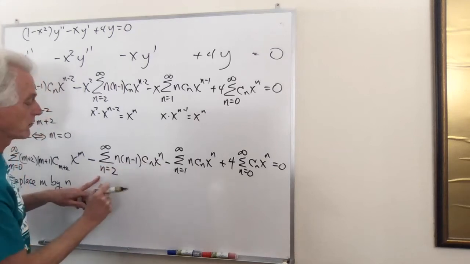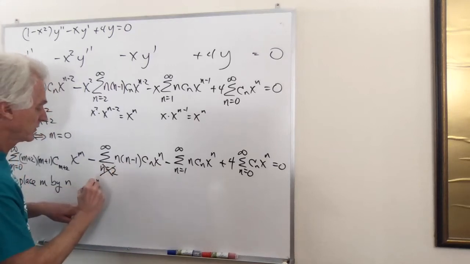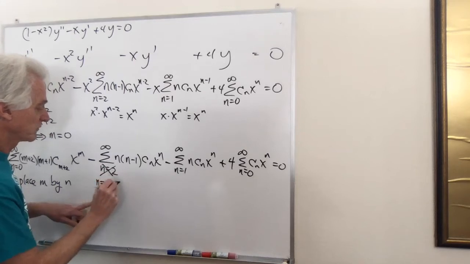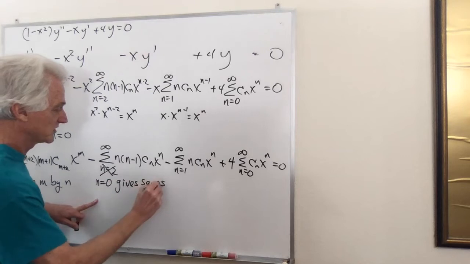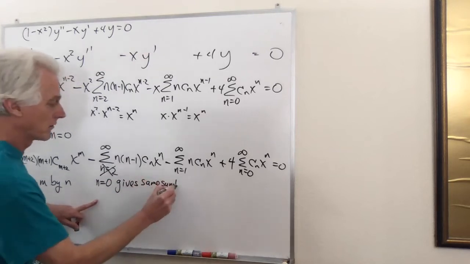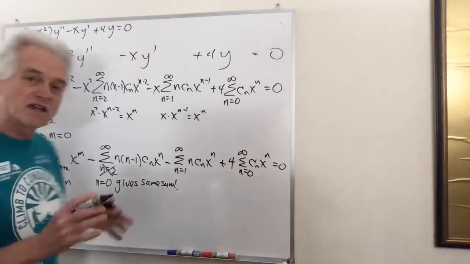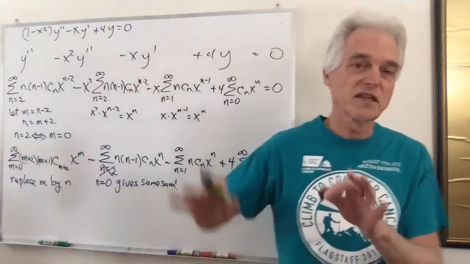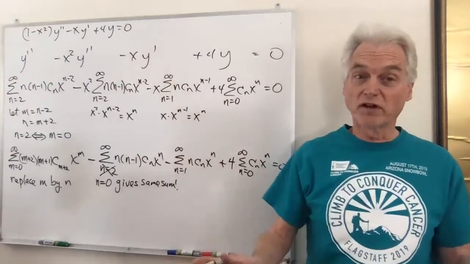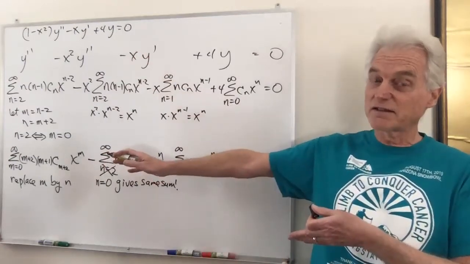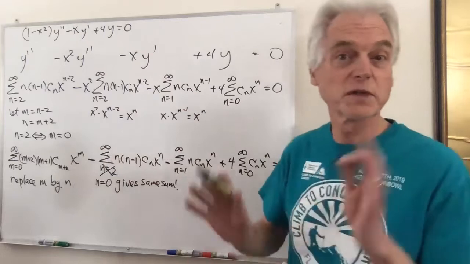Both of those are 0. So here, starting with n equals 0 gives the same sum. And that doesn't always happen. You notice that the first video is a lot like problem 2 in this WebWork set. You can't do this trick. So this is a trick that often works, but not always.